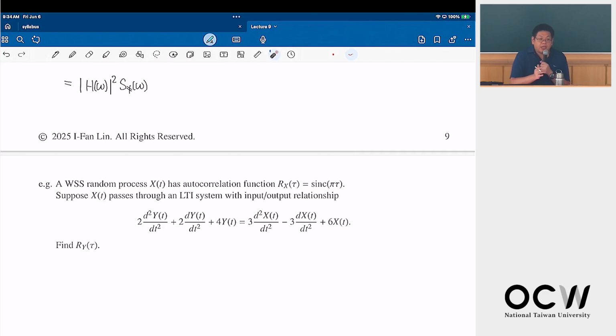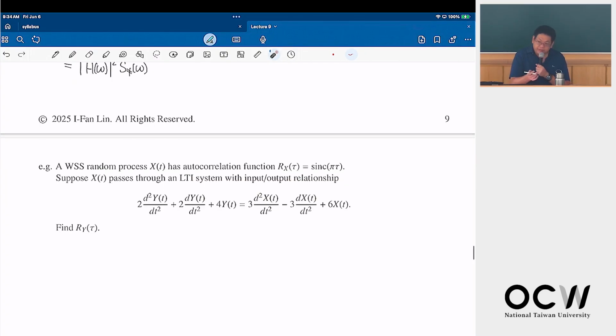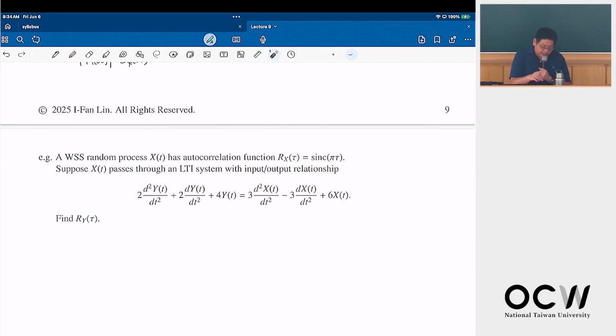Many ways. One that we can use is that we know that the Fourier transform of the autocorrelation is the power spectrum. So if we can find the power spectrum of y, then we can take the inverse Fourier transform to get the autocorrelation of y.